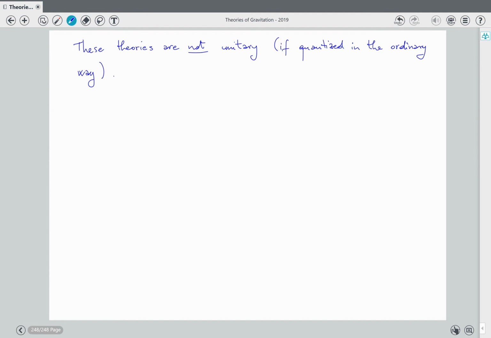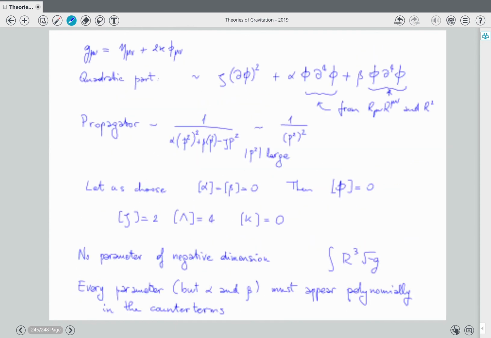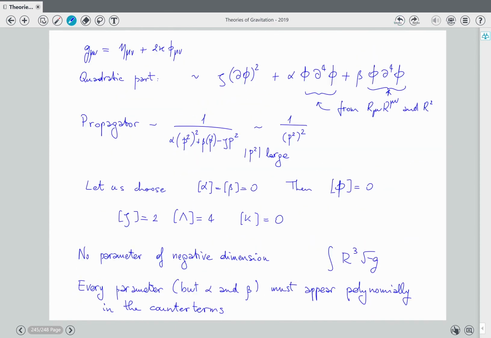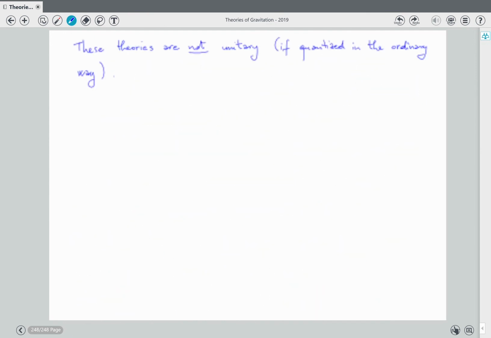Well, because we said that the propagator has this form here. The propagator is something like, well, there is a p squared squared plus p squared.